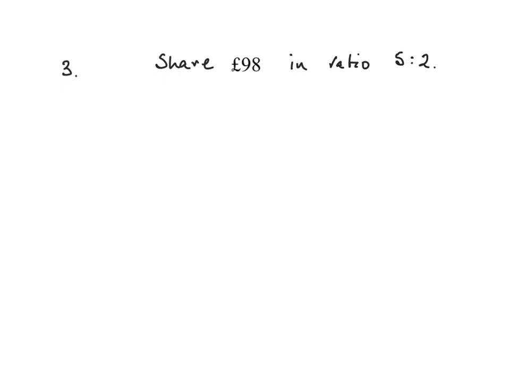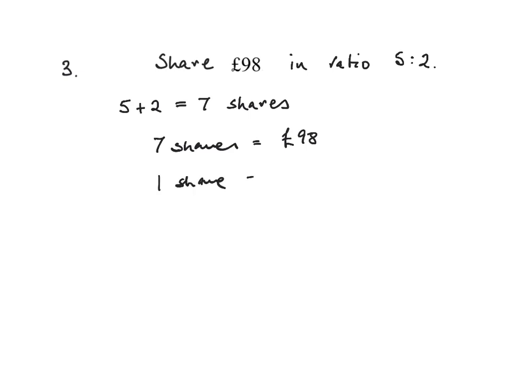So we have a ratio question here, share £98 in the ratio of 5:2. What we're going to do is to add the parts of the ratio, so 5 plus 2 equals 7 shares. Then we set those 7 shares equal to £98. We find the value of 1 share, that's £98 over 7.